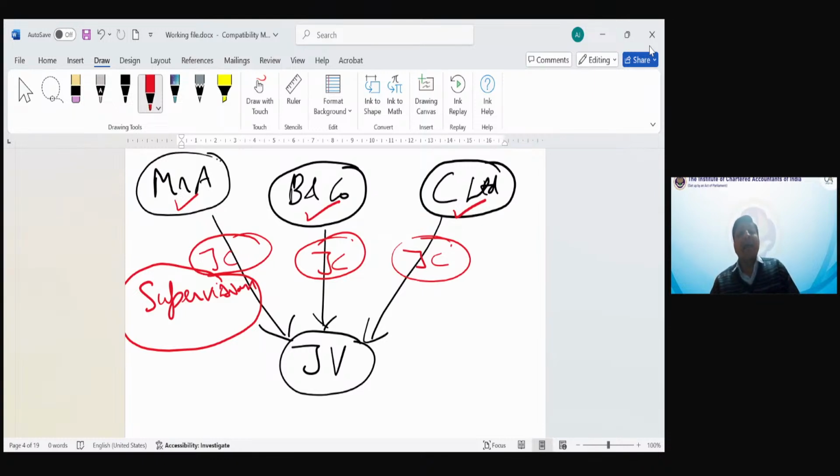But that doesn't give him additional powers in respect of decision making. The moment you say that Mr. A has got additional powers in respect of decision making as compared to B and company and C Limited, that is when you can say it's not a joint venture. But currently, these are not additional powers, these are additional responsibilities in respect of performance of certain activities, whereby the relationship of JV doesn't get disturbed. So it will continue to be called a joint venture.